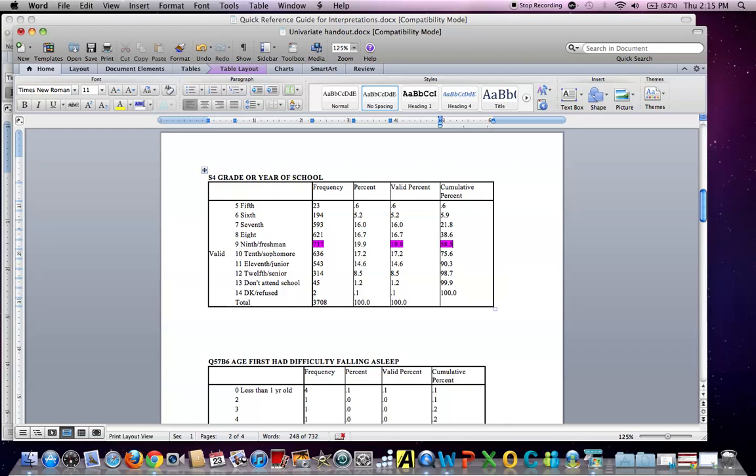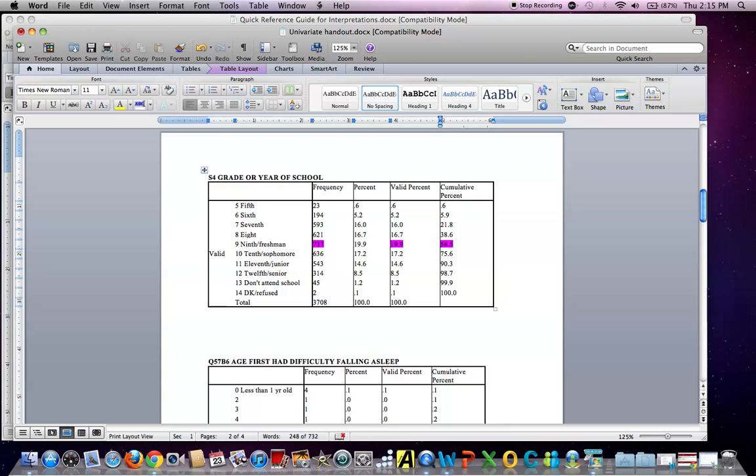In this case, our cumulative percent helps us determine where the middle of the distribution lies. The category above that is eighth grade, at 38.6 in the cumulative percents: 0.6 plus 5.9 plus 21.8 plus 16.7 gives you 38.6.